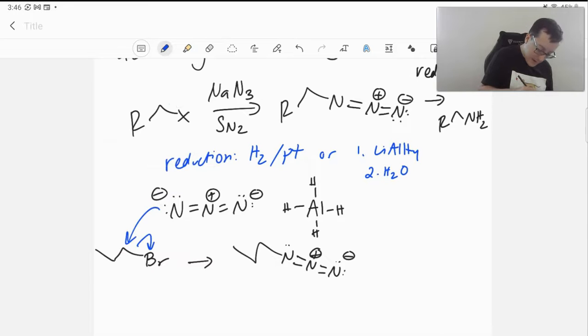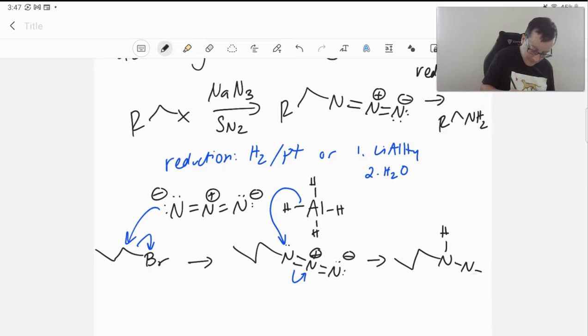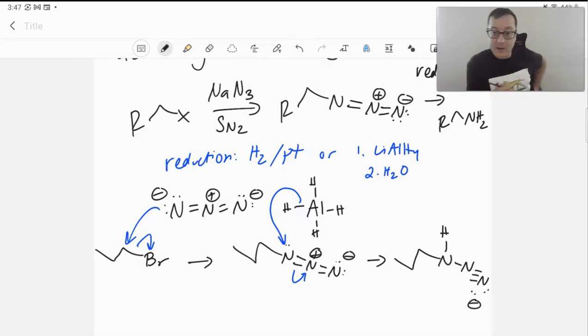We're going to go ahead and have our hydride attack our nitrogen. It's going to go ahead and bonk some electron density onto our middle nitrogen, the one that's positively charged. We will now have a hydrogen on there, and we have our negative nitrogen ready to go.